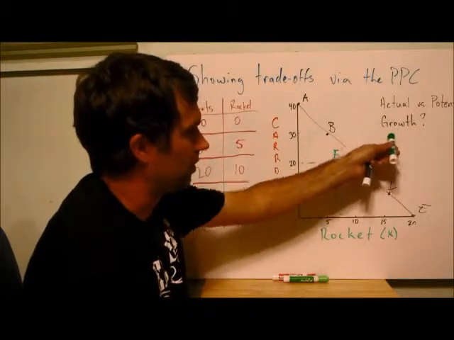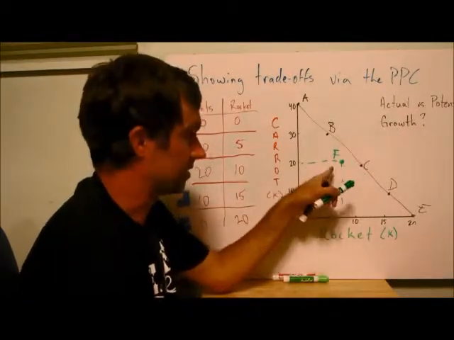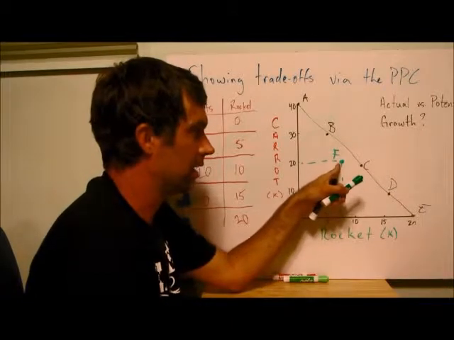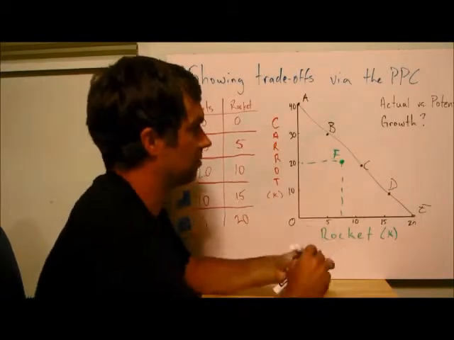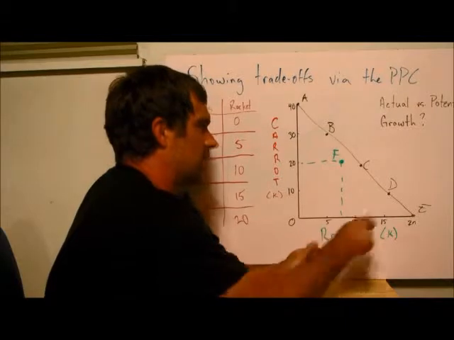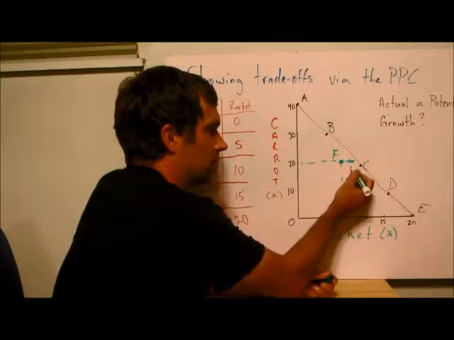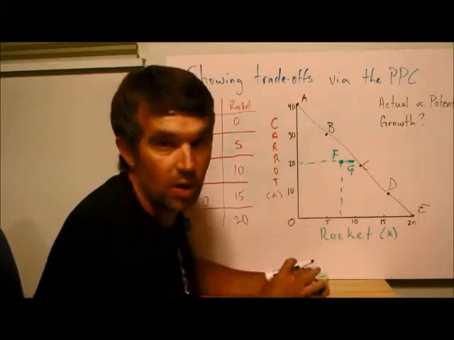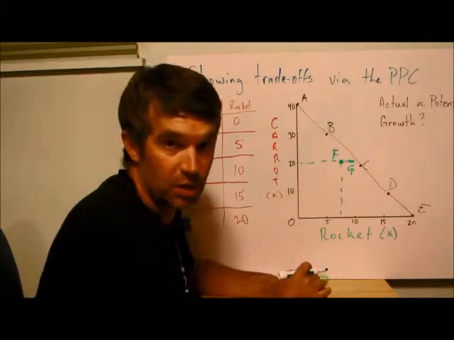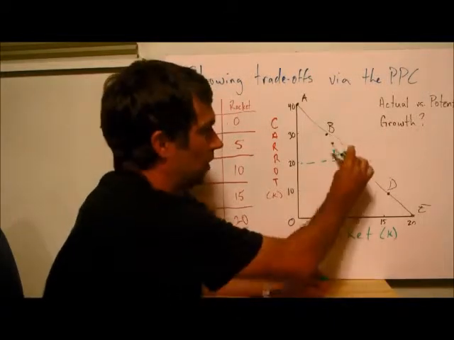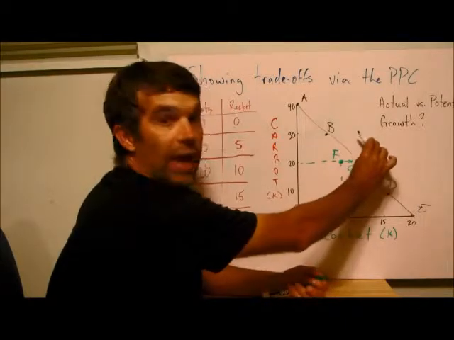What about growth? Okay, well, growth can look like two things. If I'm at point F, any movement towards the PPC, so if I went from point F to point G, that's growth. It's growth towards my potential. We can also look at the whole line, the whole PPC, shifting out.